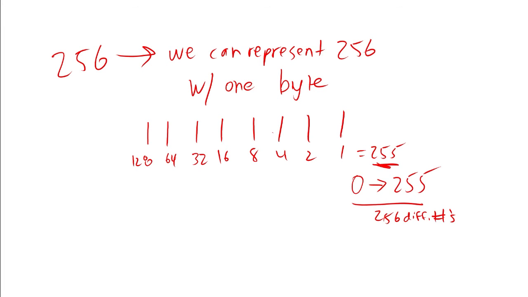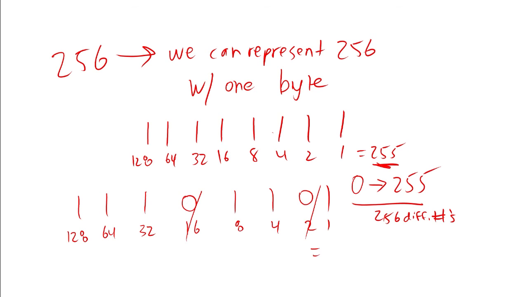By way of example, if I set 1, 1, 1, 0, 1, 1, 0, 1, I don't have 8 in here, I have 16, so my number now is 128 plus 64 plus 32 plus 8 plus 4 plus 1, which is 237.